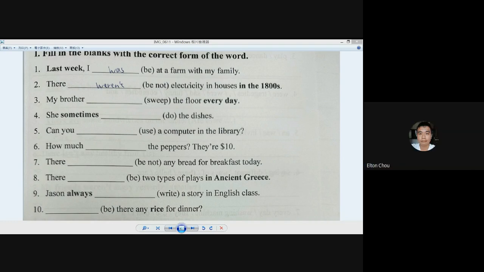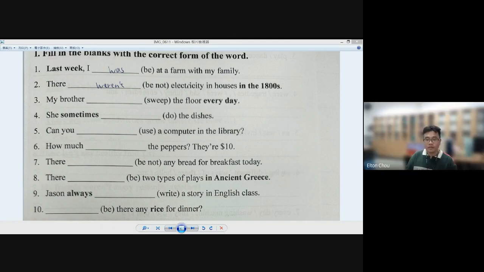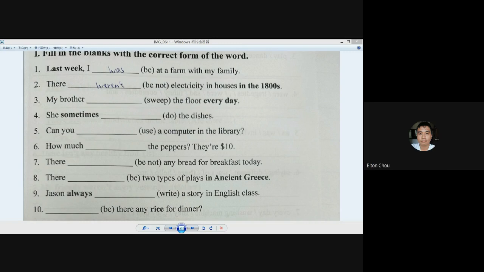I'll save the list of tenses and we might need it later, right? So, last week. We use number three, right?